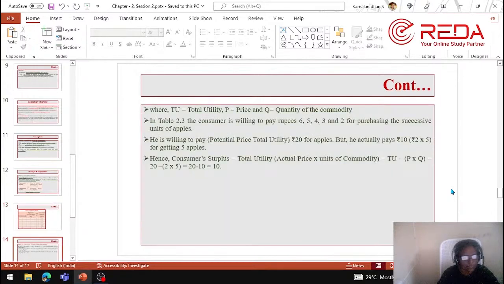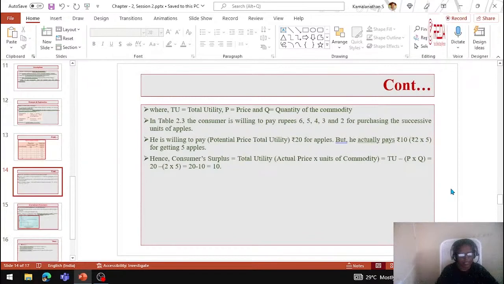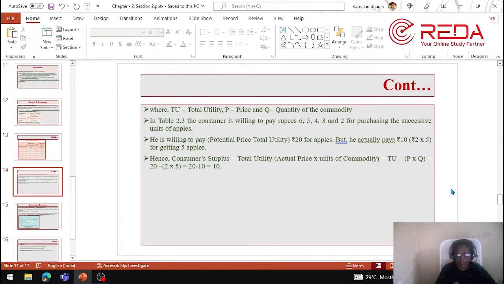The next here, as I told you, this is the explanation which I have already given you. TU is the total utility. P is the price of the commodity. Q is the quantity of the commodity. And if the consumer is willing to pay rupees 6, 5, 4, 3 and 2 for purchasing the successive units of a commodity, what will be the consumer surplus?